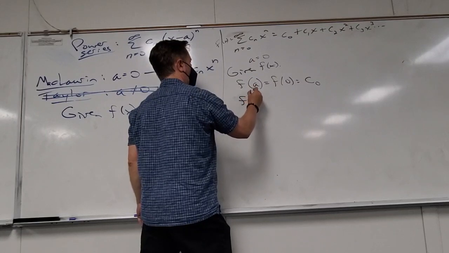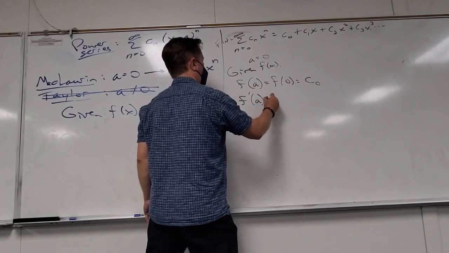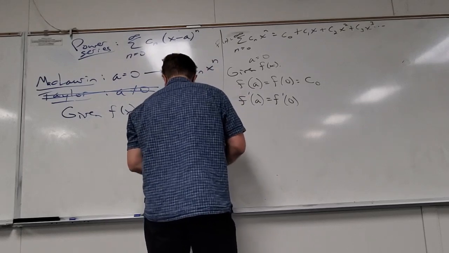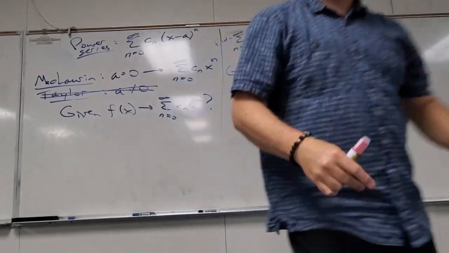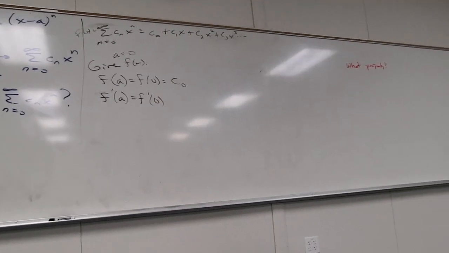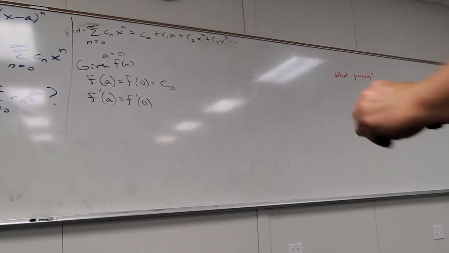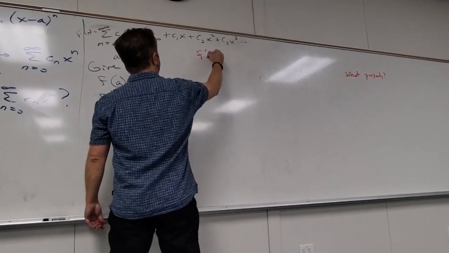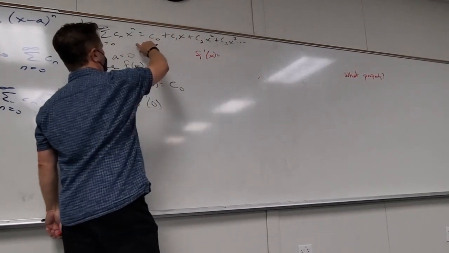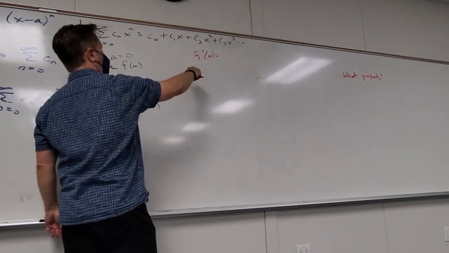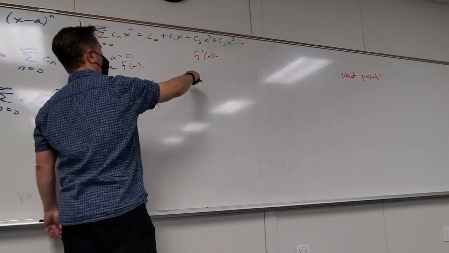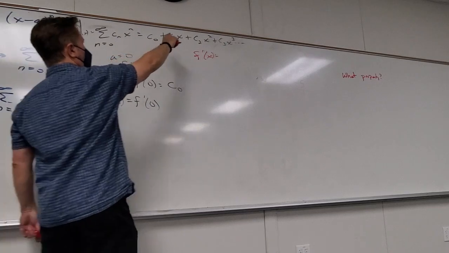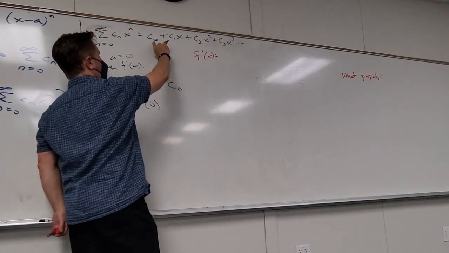Now, if I do f prime of a, let's do some work over here. This is f of x. What is f prime of x? Just the derivative of this polynomial. What's the derivative of a constant?